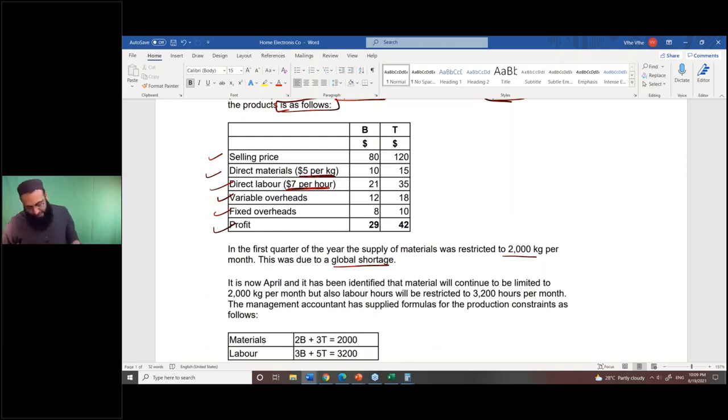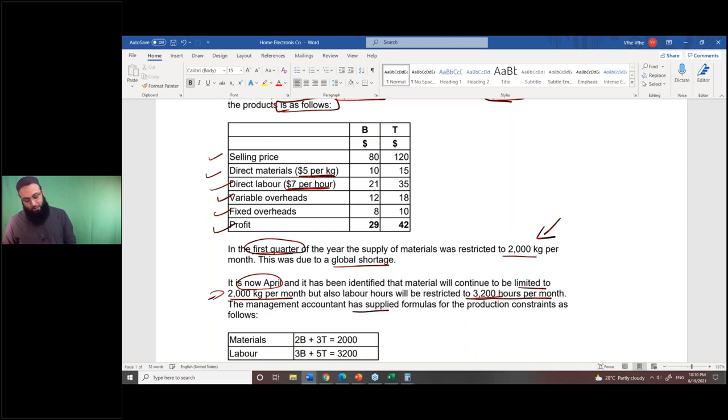It is now April and it has been identified that material will continue to be limited to 2000 kg per month, but also labor hours will be restricted to 3200 per month. So in the first quarter, only material was the limiting factor. But now in April, this remains the same, but there is also a restriction on labor.